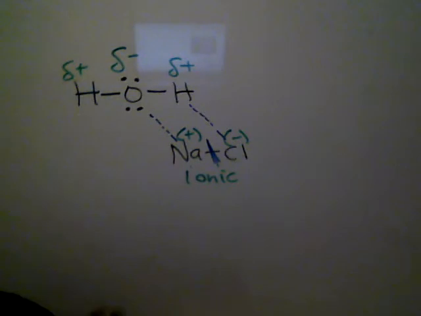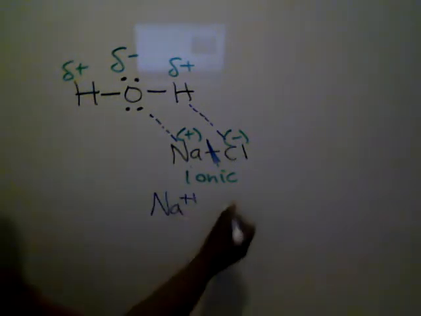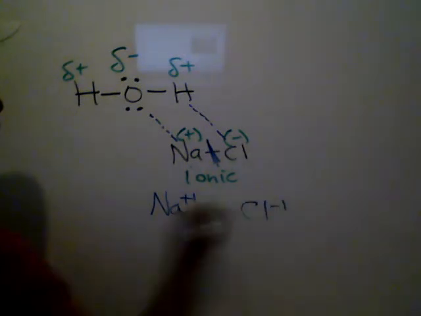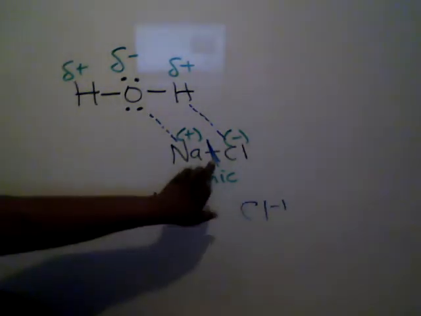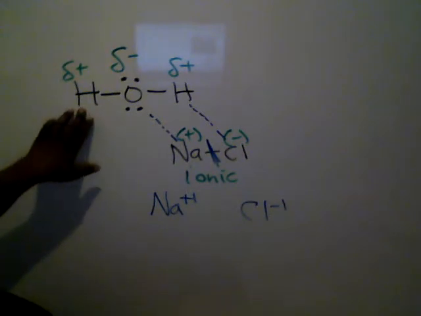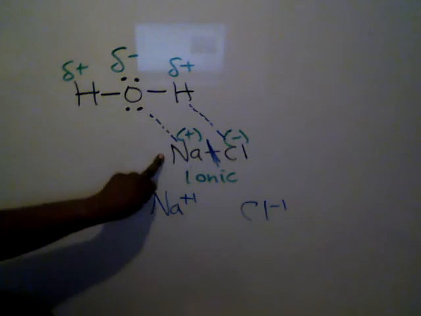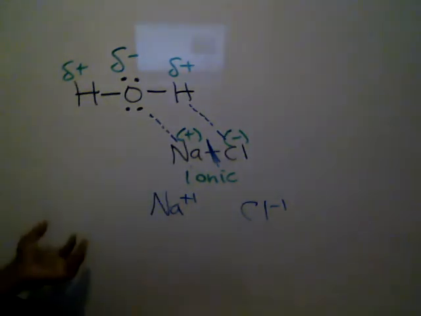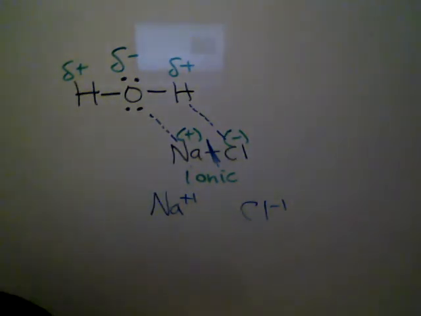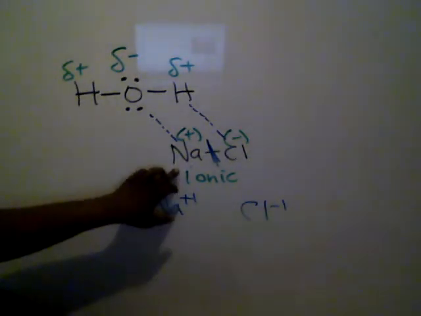We end up with just sodium swimming around by itself and chlorine swimming around by itself, where the attraction between them was broken. Water is able to use the fact that it's polar and has these charges to attract other things that have charges and pull them apart. So this is an ionic example. Water can dissolve ionic things.